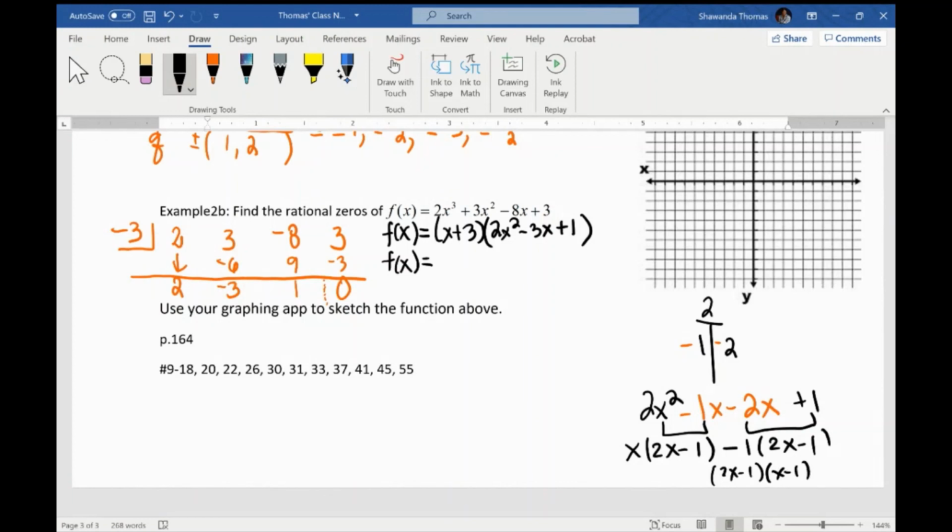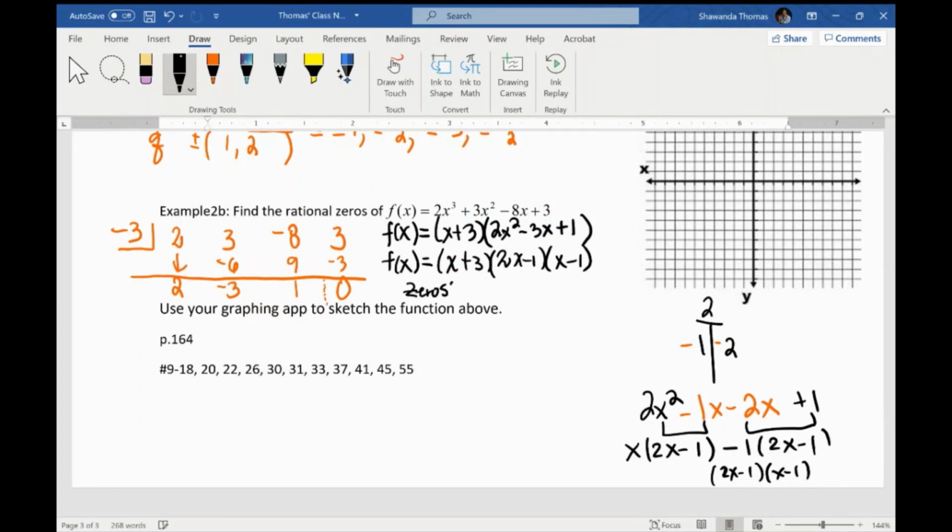All right, I'm going to look back at it. 2x squared minus 2x minus 1x. That works out. So we know the factors are x plus 3 times 2x minus 1 times x minus 1. If I ask you, what are the zeros?